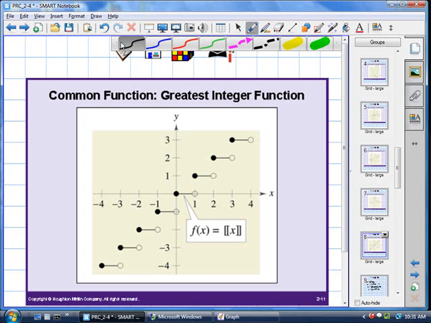How could you convince me that this is a function? Yeah, the vertical line test, exactly. When I do a vertical line test, it's only crossing at one point. Even here, it's still only crossing at one point, because this end is open. So I don't have a double crossing, and this fits the definition of a function.